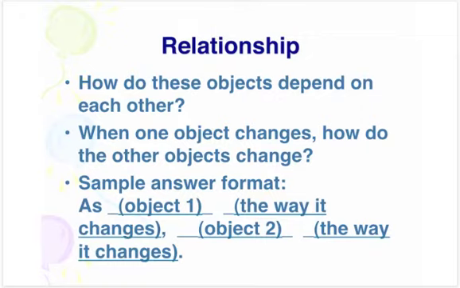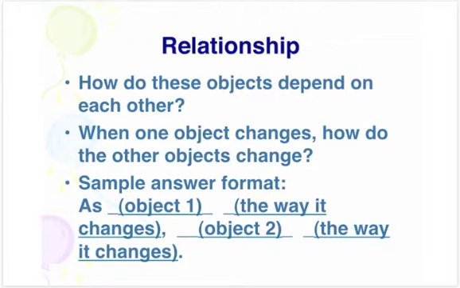The last one is a relationship question. You're going to be talking about how these objects depend on each other. When one object changes, how do the other objects change? So, for example, this would be a generic format for answering relationship questions. As object 1 changes in this way, object 2 changes in that way.